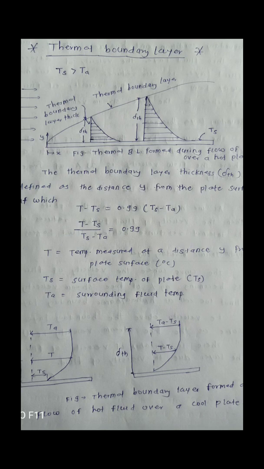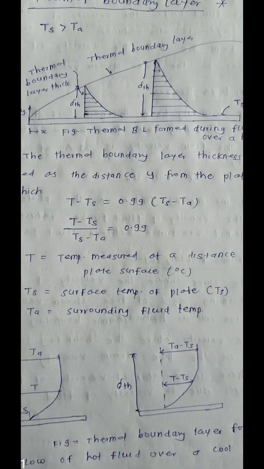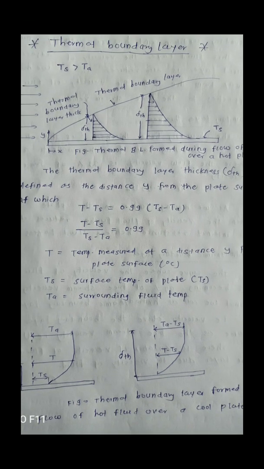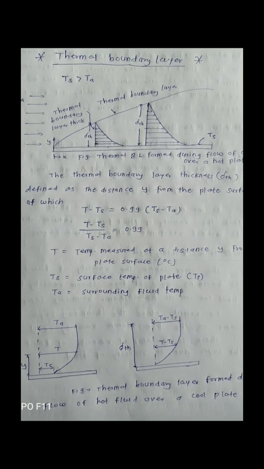If this condition is satisfied, that is T minus Ts is equal to 0.99 into bracket Ts minus Ta, at that condition the distance y from the plate surface is the thermal boundary layer thickness.